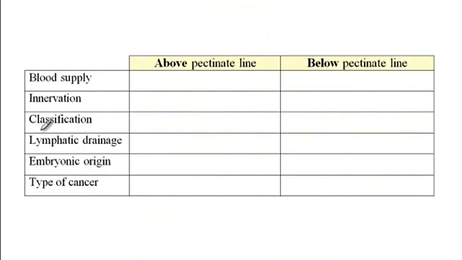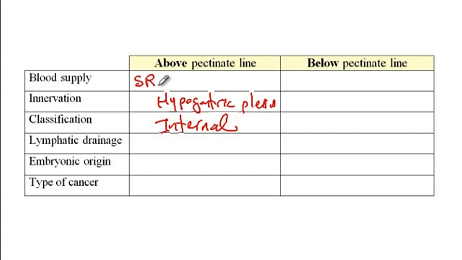Alright, now with that information in the background, we can go through this table and fill that out. So the classification of the hemorrhoids, if it's above the pectinate line, then that would be an internal hemorrhoid. And that internal hemorrhoid innervation is from the hypogastric plexus, which is painless. And the blood supply is from the superior rectal artery, which is a branch of the inferior mesenteric artery.